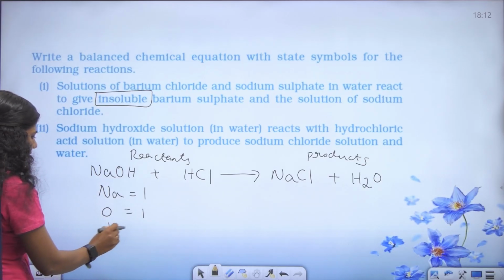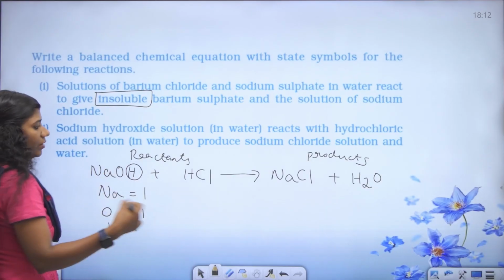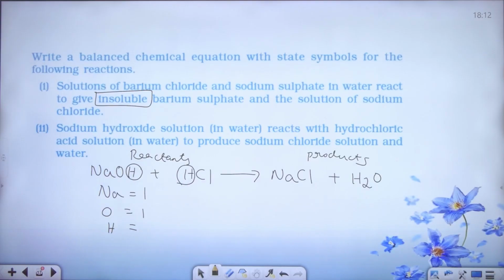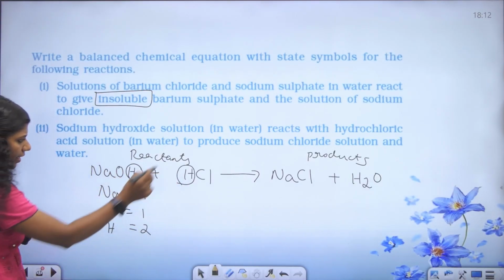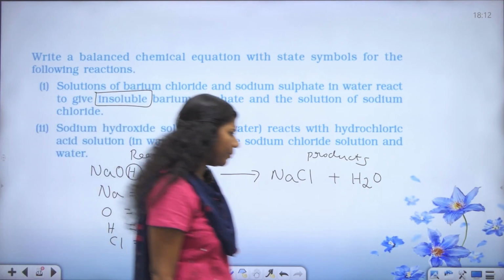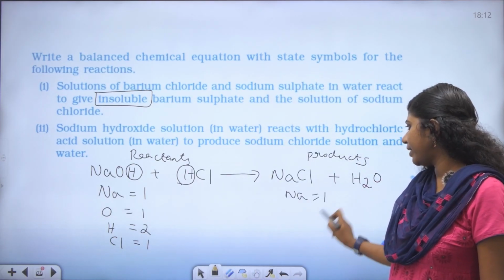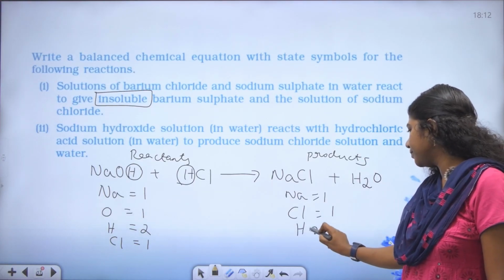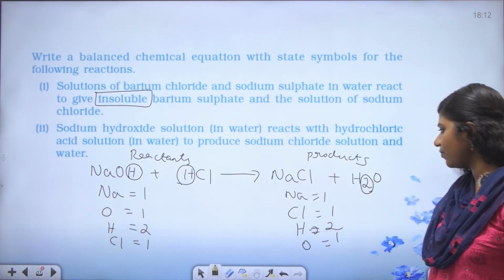For hydrogen, NaOH has only one hydrogen atom and HCl also has one hydrogen atom. The total number of hydrogen atoms on the reactant side is 1 plus 1, which is 2. And the number of chlorine atoms is 1. On the product side, the number of sodium atoms is 1, the number of chlorine atoms is 1, the number of hydrogen atoms is 2 in H2O, and the number of oxygen atoms is 1.